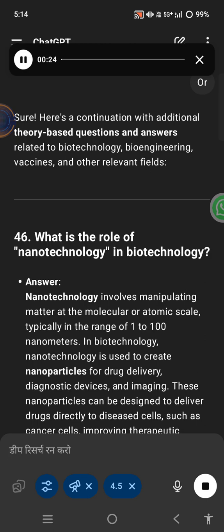These vaccines typically generate a strong and long-lasting immune response. Example, the BCG vaccine for tuberculosis. Inactivated vaccines contain pathogens that have been killed or inactivated through heat or chemicals. While they are safe and stable, the immune response is usually weaker than that of attenuated vaccines, and multiple doses may be required. Example, the inactivated polio vaccine.